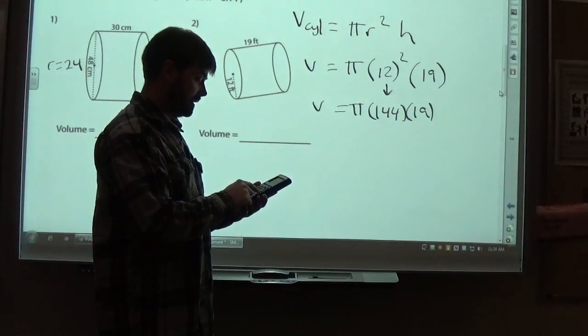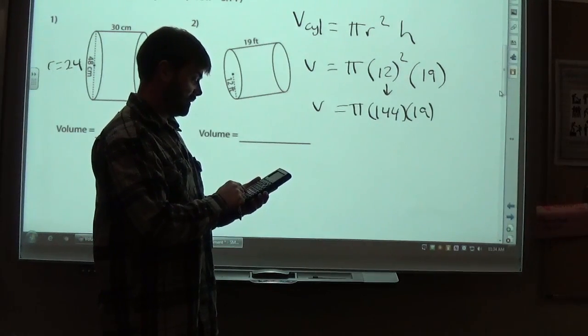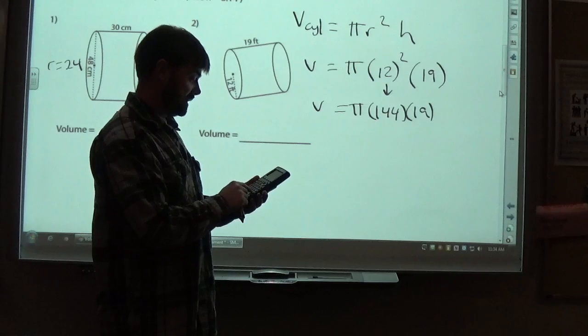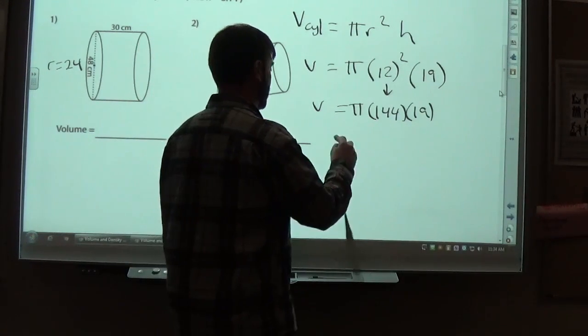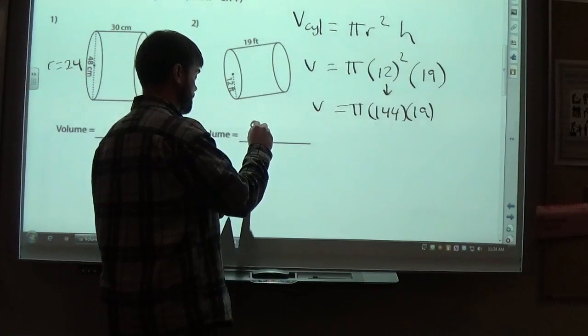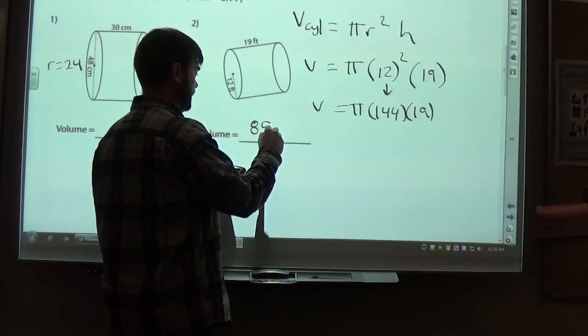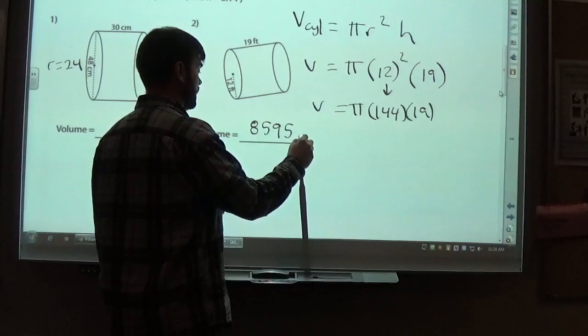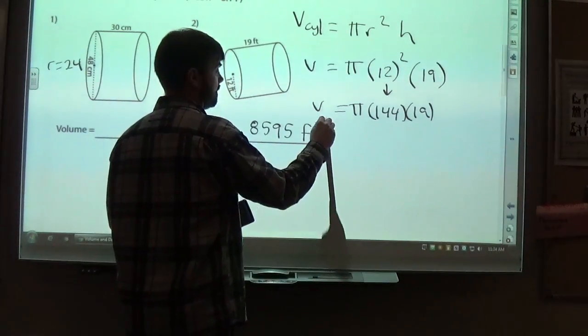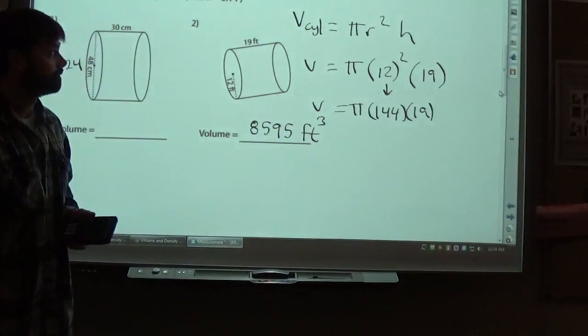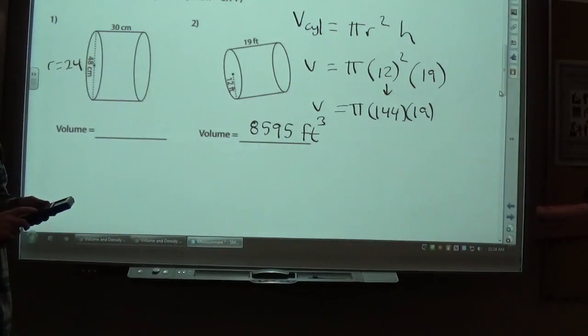So I'll do pi times 144 times 19. This gives me 8,595.39. And then this is going to be feet by feet by feet, which is cubic feet. Okay? So there's your example for cylinders.